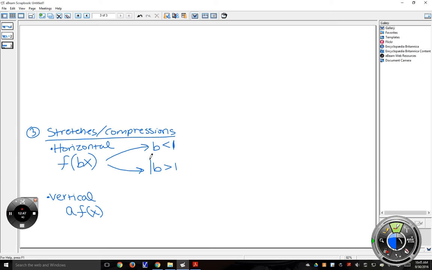And I'm talking basically about the absolute value, because if b is negative, we're going to treat that like two different transformations. The negative part is going to be a reflection thing. The number part is going to tell me what to do here. Okay? So when I say the absolute value of b is less than 1, think about our example would be something like this.